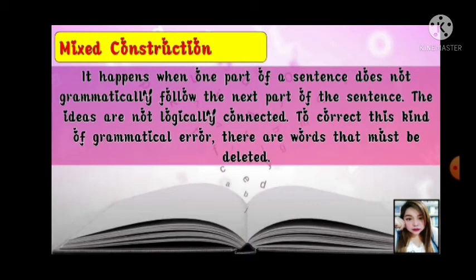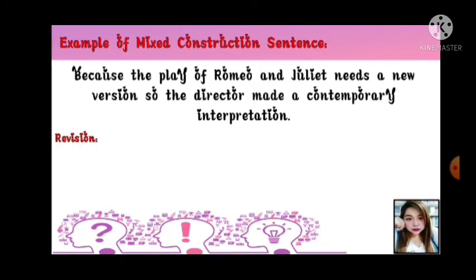How about mixed construction? When we say mixed construction, it happens when one part of a sentence does not grammatically follow the next part of the sentence. The ideas are not logically connected. To correct this kind of grammatical error, there are words that must be deleted. Example of a mixed construction sentence: Because the play of Romeo and Juliet needs a new version, so the director made a contemporary interpretation.